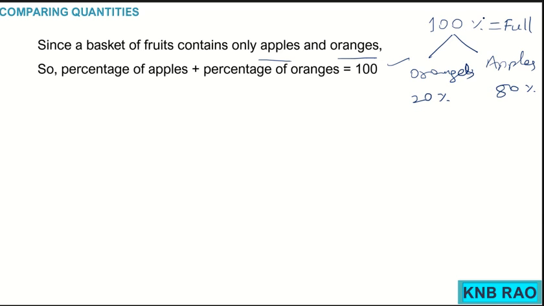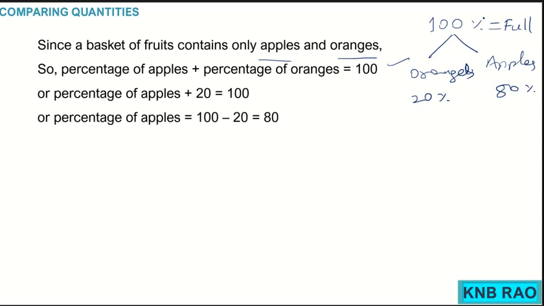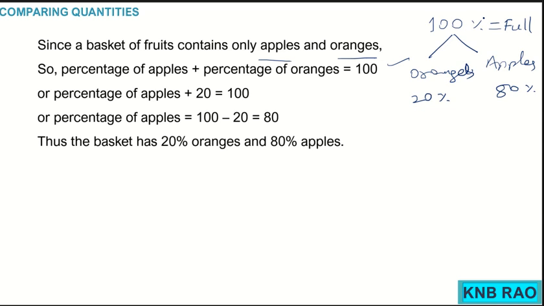So this is what we consider: percentage of apples plus 20 equals 100. Therefore, the percentage of apples will be 100 minus 20, which gives 80. Thus I can conclude that the basket has 20% oranges and 80% apples.